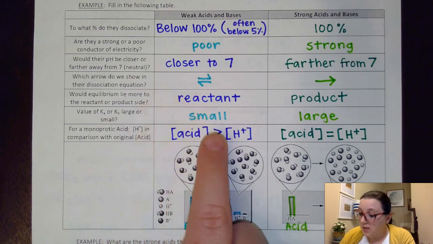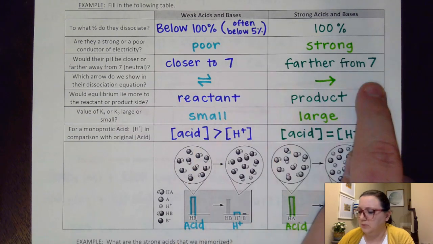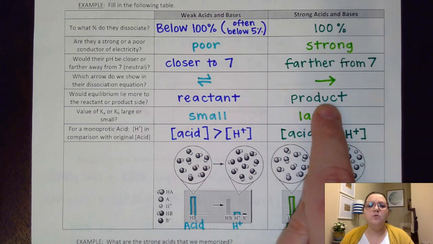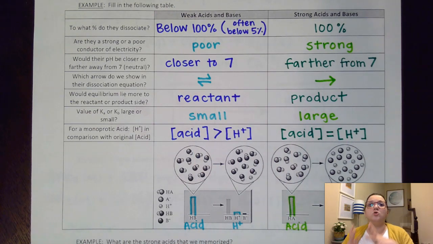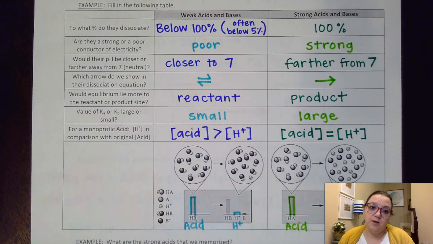That would indicate a very small value for a Ka or Kb, which is just the equilibrium constant itself. However, for a strong acid and base, it's going to basically completely go to product. Those Ka and Kb values are so large that we essentially say it goes to completion, and so we would use stoichiometry to do their calculations, whereas with weak acids and bases, I would have to use equilibrium.